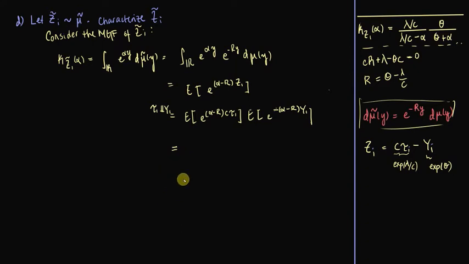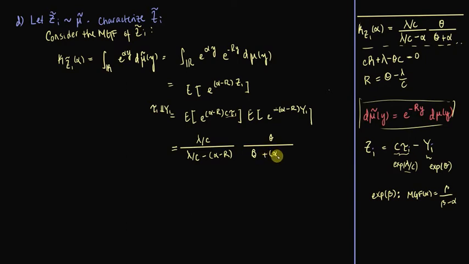So recall that in an exponential distribution, the moment generating function evaluated in alpha is equal to the parameter divided by the parameter minus alpha. So what you have here is, well, c tau is exponentially distributed with parameter lambda over c. So you have lambda divided by c, divided by lambda divided by c minus alpha minus r, multiplied by theta divided by theta plus alpha minus r.